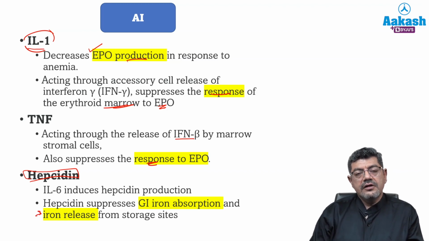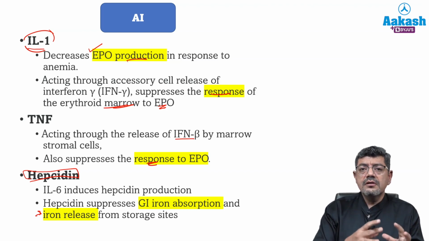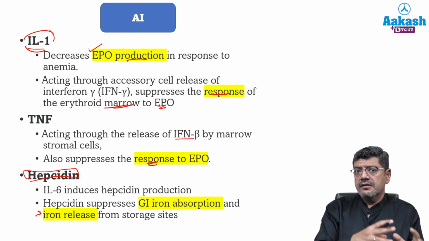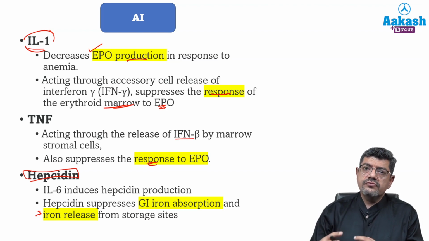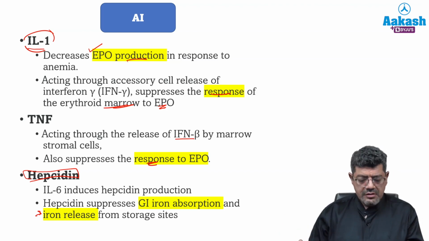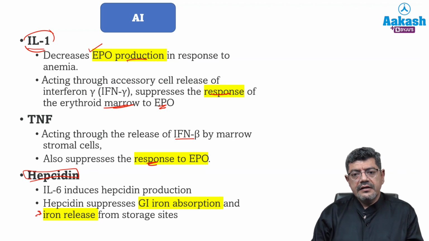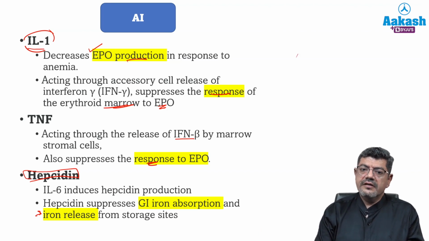So therefore, you see that there is a combination of poor response to erythropoietin and poor availability of iron from the body's iron stores to the bone marrow, right? So that sums up the pathogenesis of anemia of inflammation, right? That's another question right there for you.